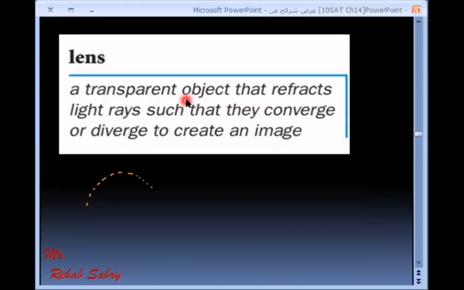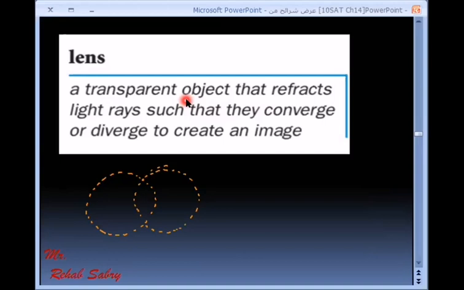This is not the lens, but the lens is the transparent medium that's bounded by the interference of two spheres.